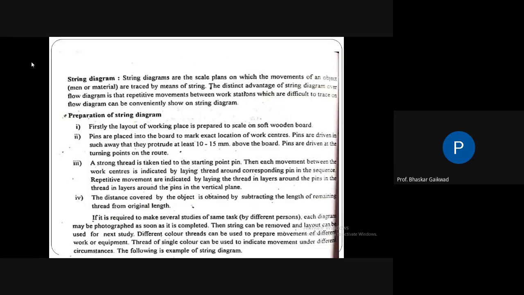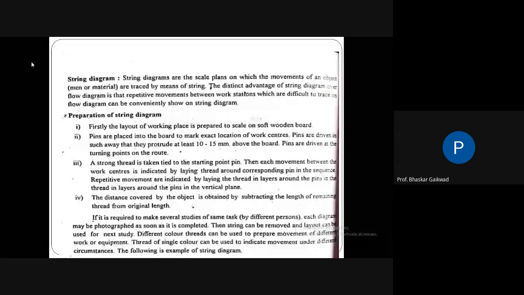String diagrams are used whenever overlapping movement is there, meaning from one station to the next station, and the next to a third station, and again it comes back to the fourth station. That cross movement is there. This type of movement we may not be able to trace in flow diagrams. Under these conditions we use string diagrams.